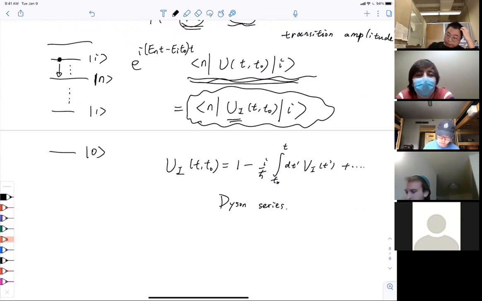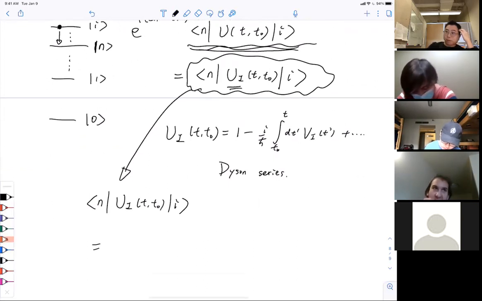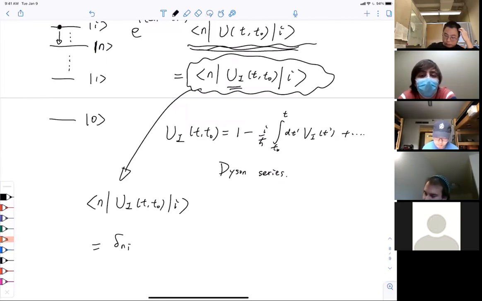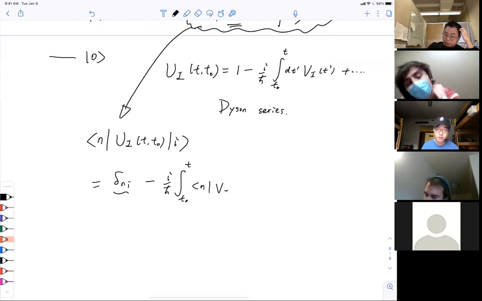And one can write this down. The zeroth order is delta_ni, and the first order is given by this. We usually stop at this first order, unless it's 0.